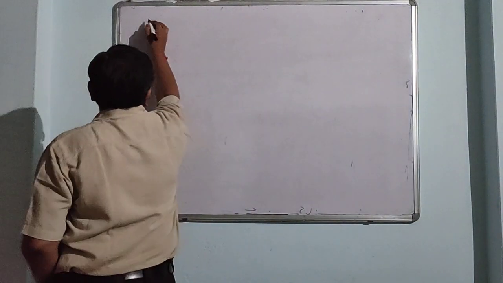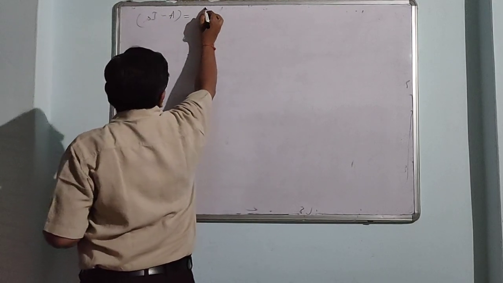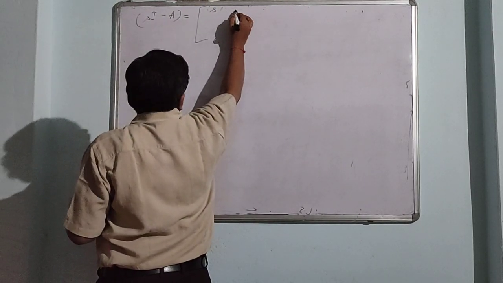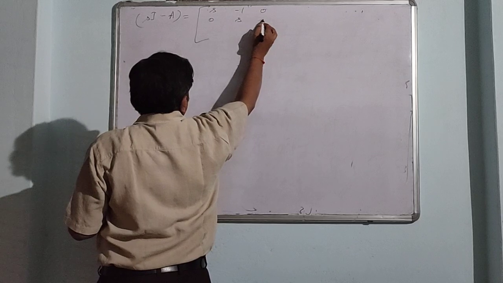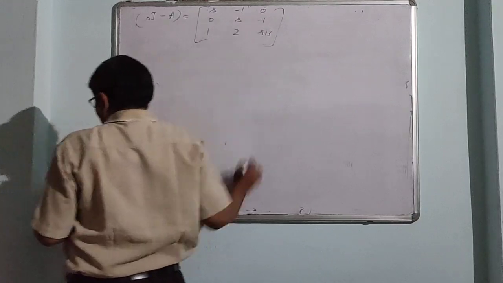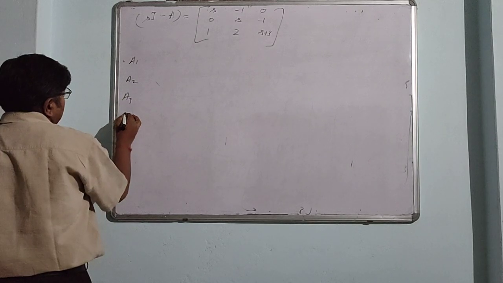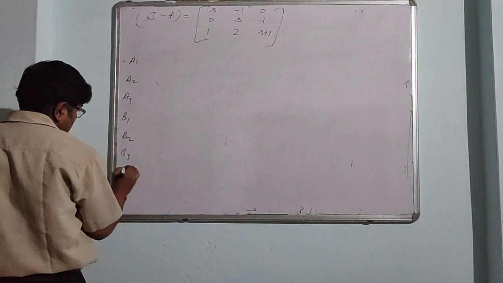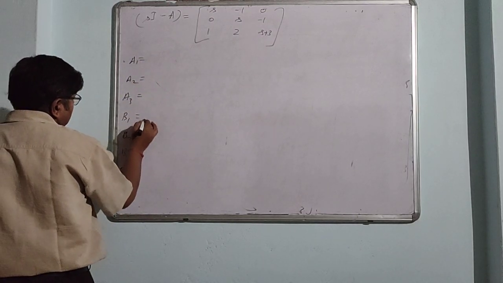You can see here, once again I am writing, this is the matrix: minus 1, 0, this is 1, 2, this is 3. So now calculate all these things: A1, A2, A3, B1, B2, B3, C1, C2, C3, means cofactors.